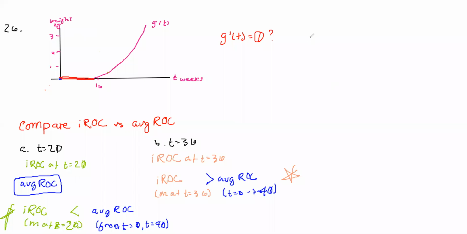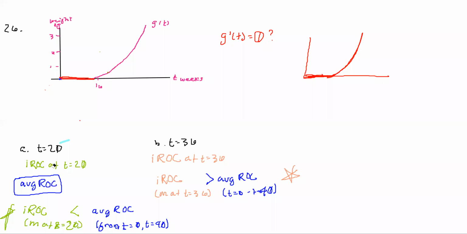So if I were to sketch this out, it would look something like this, which looks very, very similar to the original. That is to be expected when you have an exponential function, because as we'll learn later, when you take the derivative of an exponential function, it yields another exponential function.